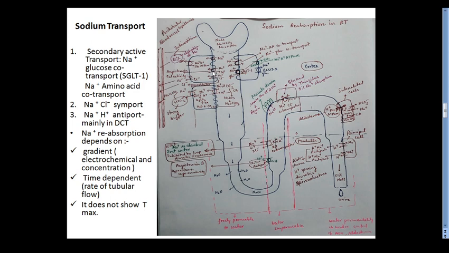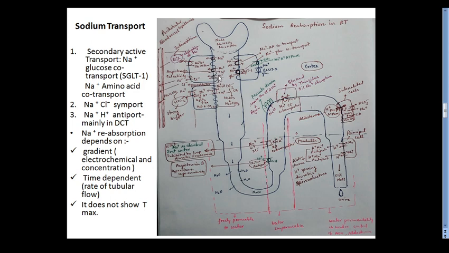The activity of the sodium and hydrogen ion antiport is hormone dependent also. Its activity is regulated by the angiotensin hormone. We will discuss later how it is going to regulate this channel. There is a symport channel called the sodium and chloride ion channel.